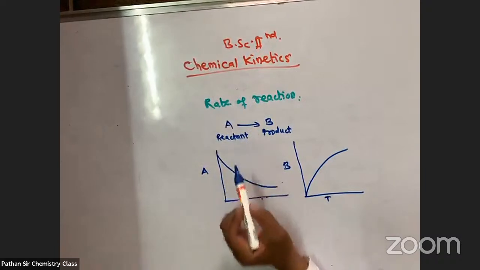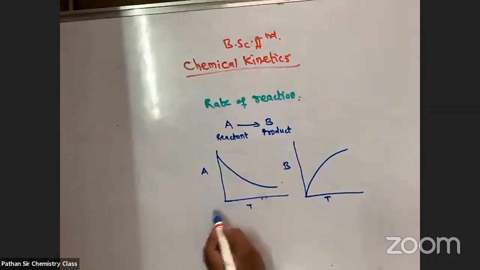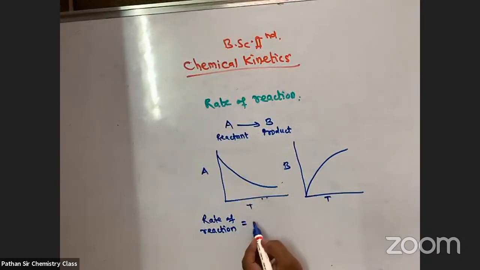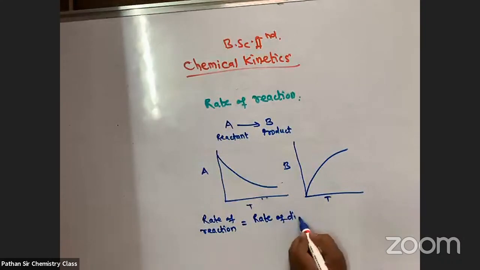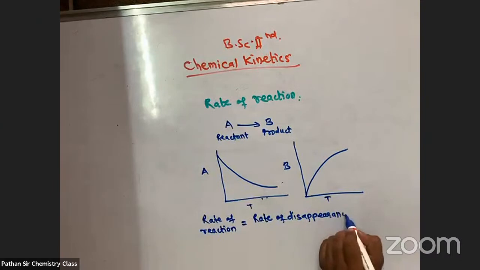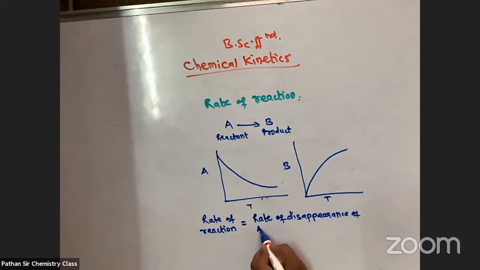Okay, so rate of reaction is equal to the rate of disappearance of A with time, or rate of appearance of B with time.